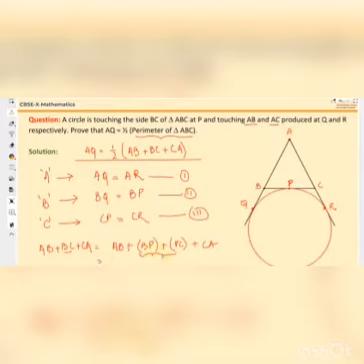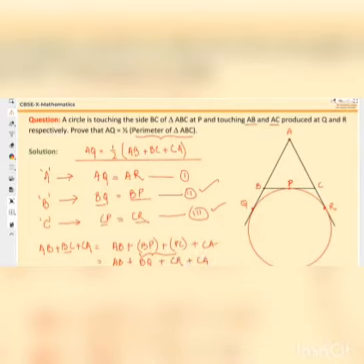Now I will use the second and third equations. So now I can write AB plus, instead of BP, I will write BQ, and instead of PC or CP, I will write CR. So plus CR plus CA.